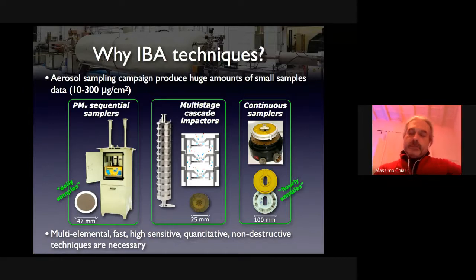I will discuss in more detail the analysis of the samples shown on the right-hand side of the slide, where the sample is actually a continuous sample stretched over many centimeters, like here on the diameter of these filters.